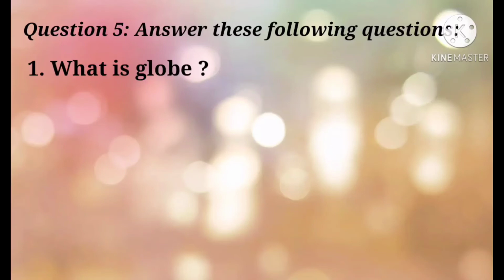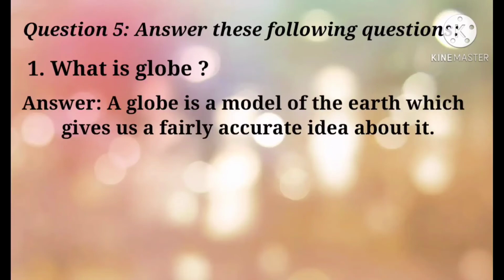The answer is, a globe is a model of the earth which gives us a fairly accurate idea about it. So, a globe is a model of the earth which gives a fairly accurate idea. The accurate idea that you get, that we call a globe.